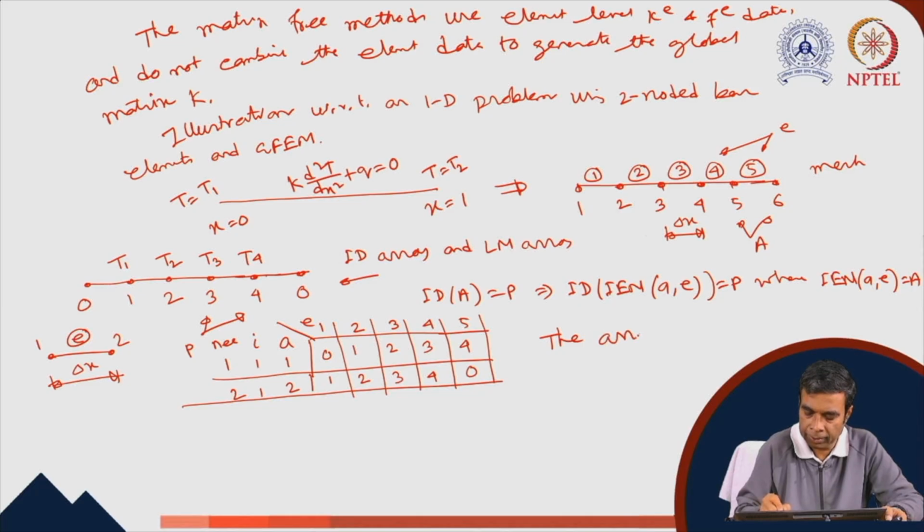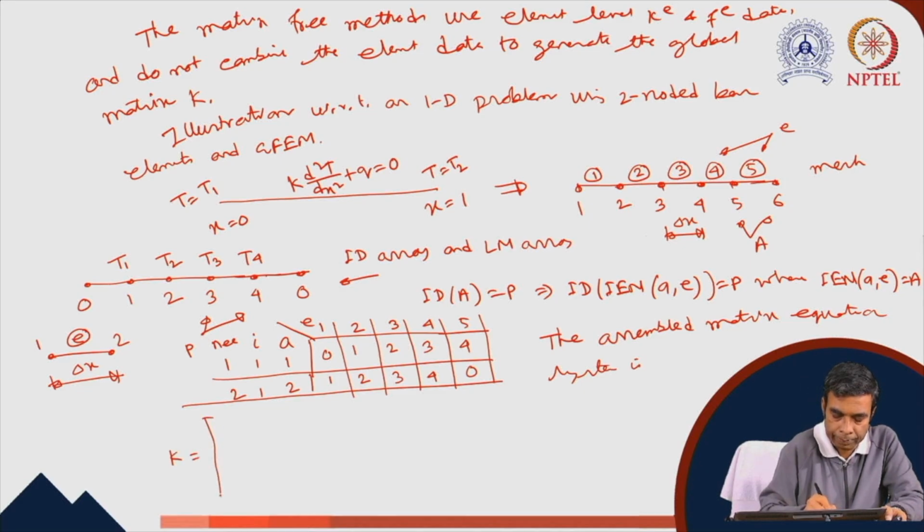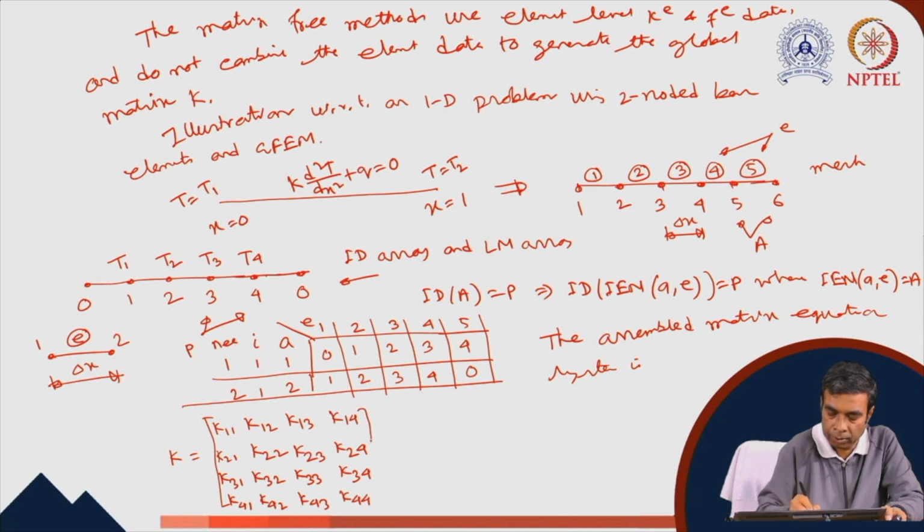The assembled matrix equation system is K equals K11, K12, K13, K14, K21, K22, K23, K24, K31, K32, K33, K34, K41, K42, K43, K44.